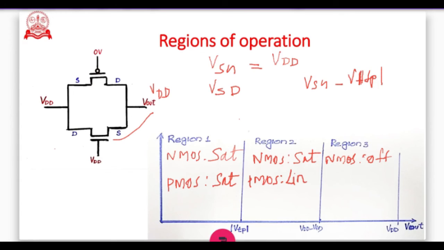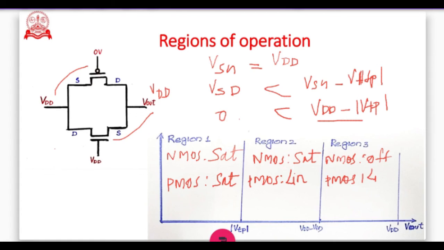VSD is VDD minus VDD, that is 0, and VSG minus modulus of VTP is VDD minus modulus of VTP. So this term is definitely greater. So VSD is less than VSG minus modulus of VTP, and PMOS is in the linear region.